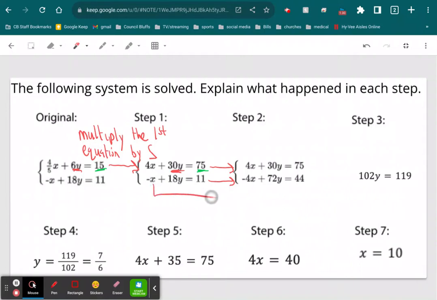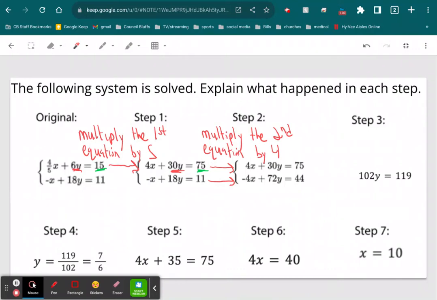Negative 1x times 4 is negative 4x, 18y times 4 is 72y, and 11 times 4 is 44. So step 2 was to multiply the second equation by 4.